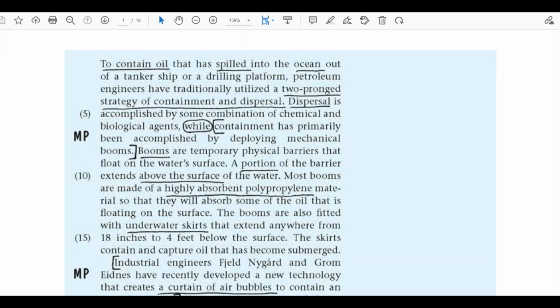The booms are also fitted with underwater skirts that extend anywhere from 18 inches to 4 feet below the surface. The skirts contain and capture oil that has become submerged. So here, the main point started with "while containment has primarily been accomplished by deploying mechanical booms."